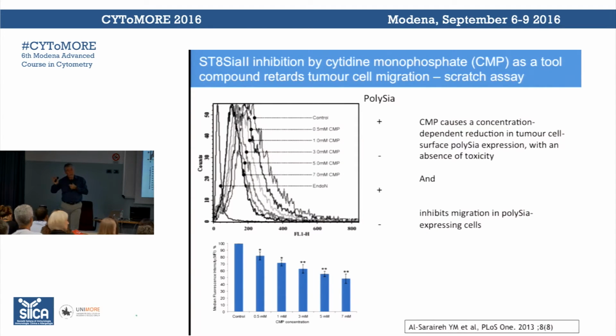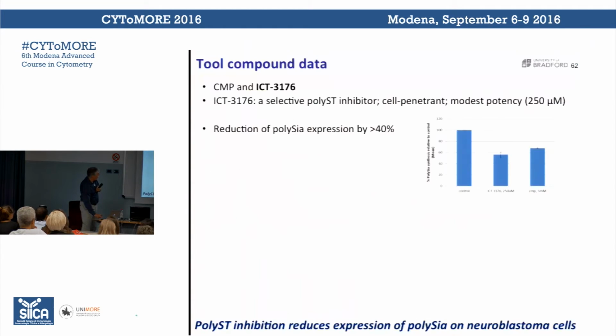As you can tell from the glycosylation pathway, there are certain points at which you could interfere. For example, putting in too much cytidine monophosphate produces a negative signal and reduces the level of polysialylation in a target population. Very easy to show. But this is just a tool compound. It's not actually a therapeutic compound.